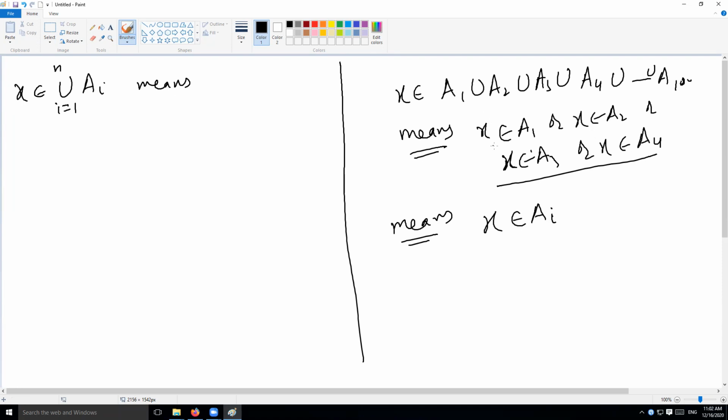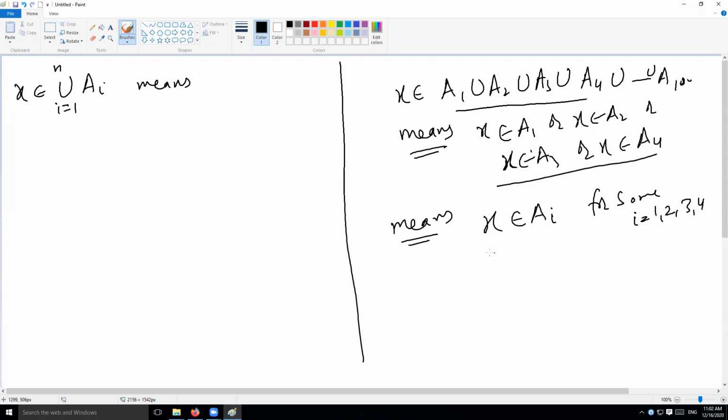In other words, when I say x is in A1 or A2 or A3 or A4, that means x is in one of these A_i. x belongs to A_i for some i equal to 1, 2, 3, 4.